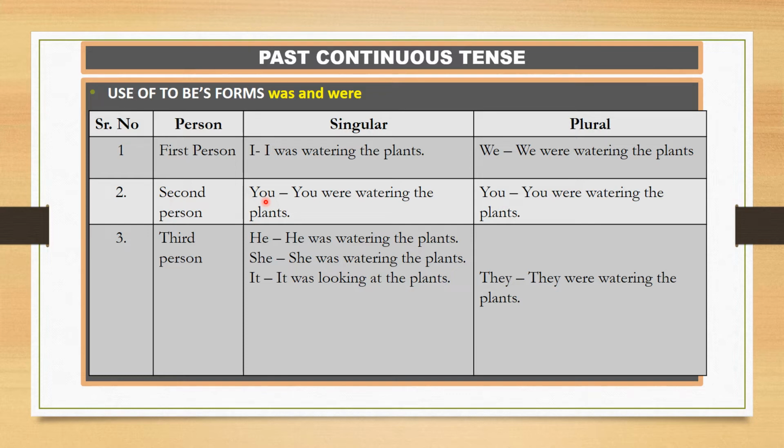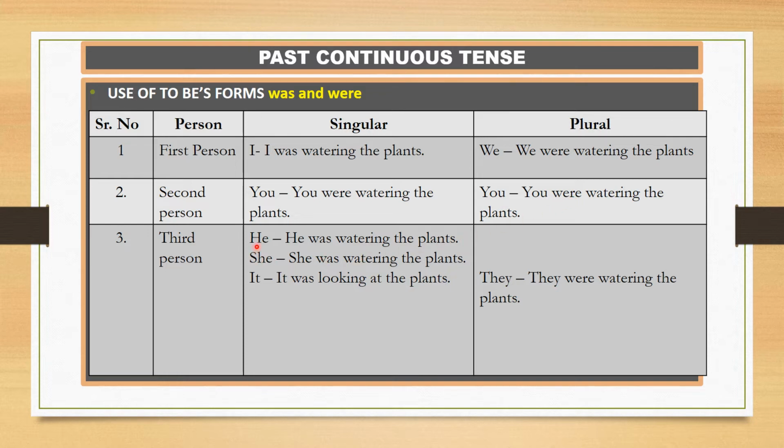If the subject of the sentence is you, that is second person singular pronoun, we use were as the to be form. You were watering the plants. If the subject is you, that is second person plural pronoun, we use were as the to be form. You were watering the plants.